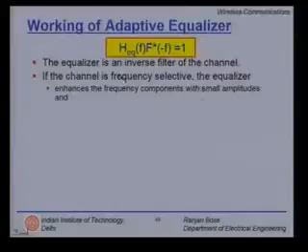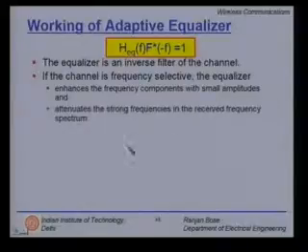If the channel is frequency selective, what does the equalizer do? It tries to undo the effects of channel, that is, it enhances the frequency components with small amplitudes and at the same time attenuates the strong frequencies in the received frequency spectrum.